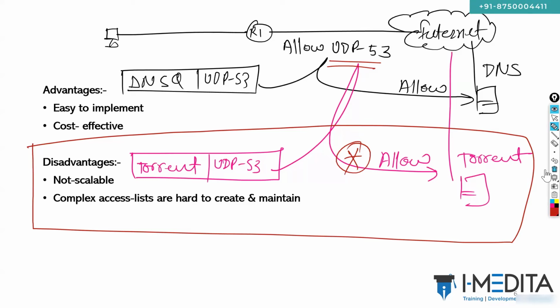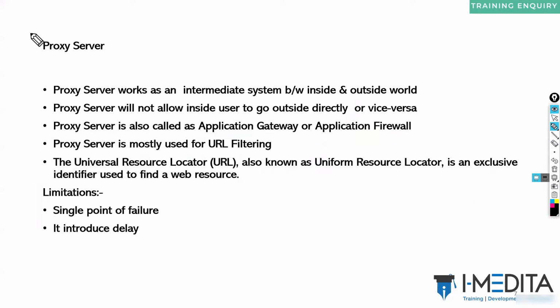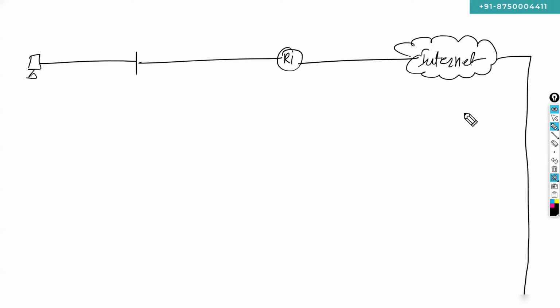After knowing packet filtering and its advantages and disadvantages, we will move to the next. Next we have the proxy server. To understand the proxy server, first we will go through a diagram. Assume we have a PC connected with a switch, then the switch is connected with a router, the router is connected with the internet, and the internet is connected with public servers like google.com and facebook.com.